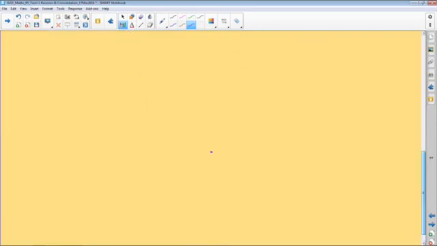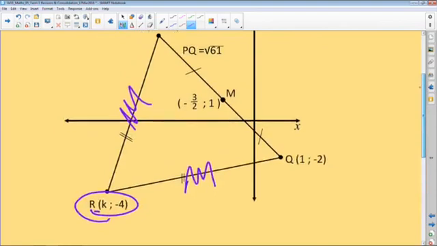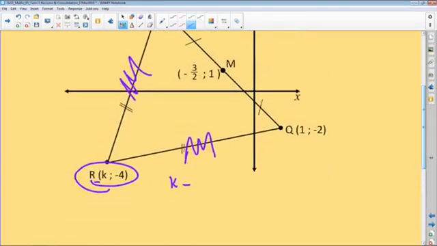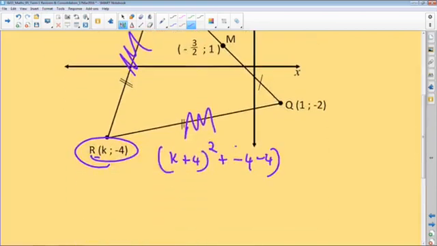All right. Now the distance of PR will be k minus minus 4, so it's k plus 4, all squared, plus minus 4 minus 4, right? Now we are told that these are equal, so your two lines, your RQ and that PR, are the same.